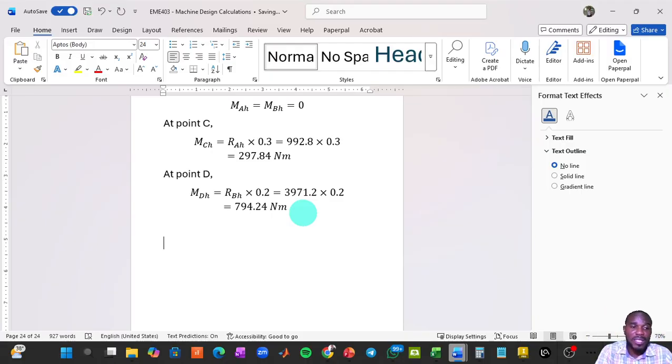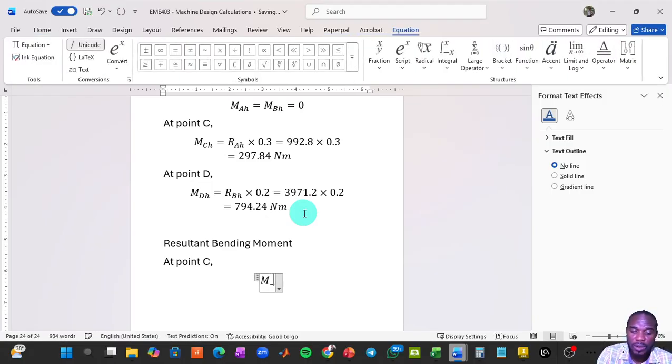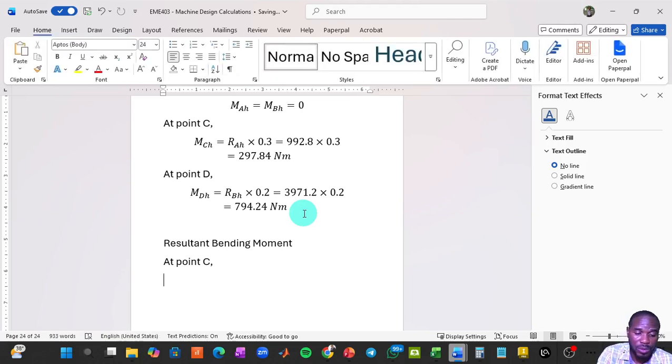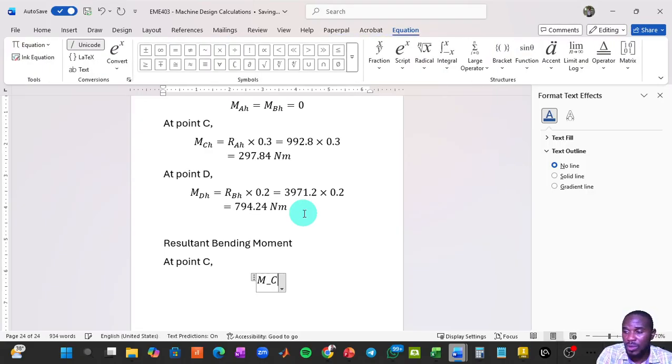So to find the resultant bending moment, the overall, at point C, M_C will be the square root of the bending moment at point C in the vertical direction squared, plus the bending moment at point C in the horizontal direction squared. That's how you do that.